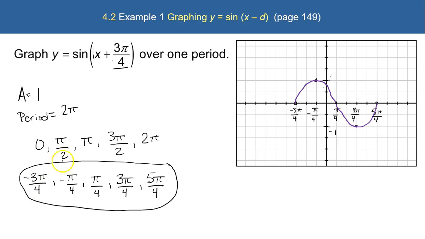This previous exercise went to the left so many units, and calculating your phase shift for these problems, like I just showed you, will help you in determining whether it goes left or right also. So solving for x here, you get -3 pi over 4. So that's telling us it goes to the left 3 pi over 4 units because of the negative sign.